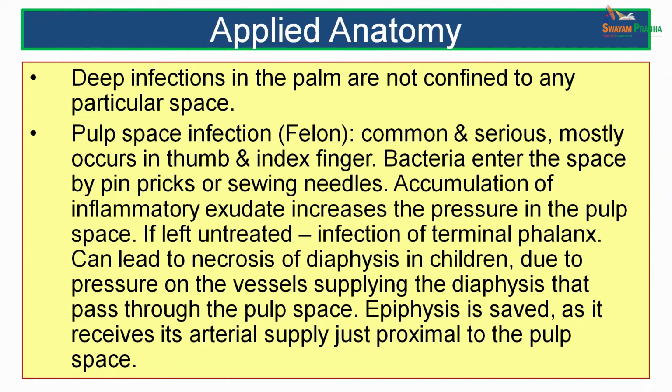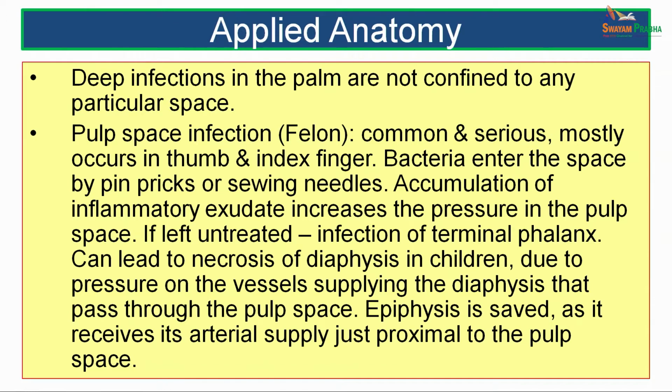Accumulation of inflammatory exudate increases the pressure in the pulp space. If left untreated, infection of the terminal phalanx occurs. This may lead to necrosis of the diaphysis in children due to pressure on the vessels supplying the diaphysis that pass through the pulp space.